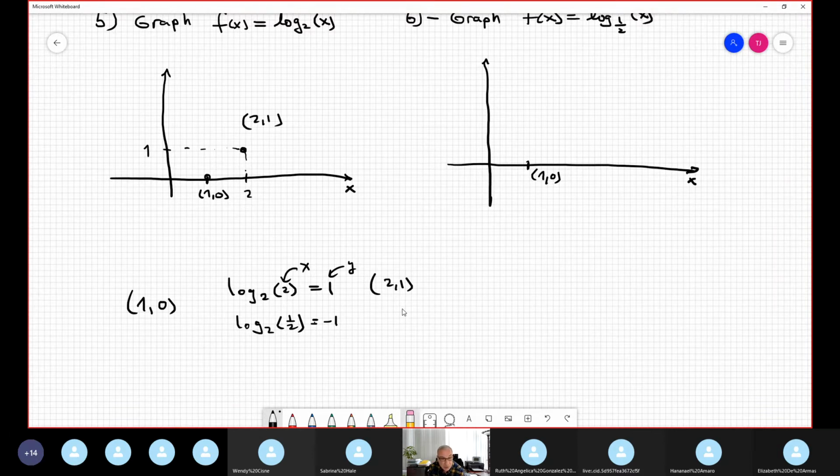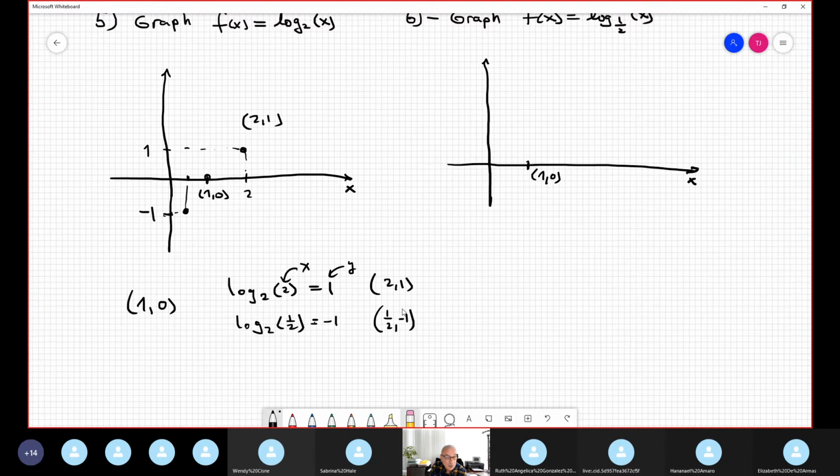Remember, in the calculator, we are always working with the standard logarithm, not base 2. We do not have this logarithm in the calculator. Okay. So if you have a doubt of this, I want to explain right now. Okay, so the point would be 1/2, -1. 1/2 is here, the half of this segment, and -1 is down here, the same distance.